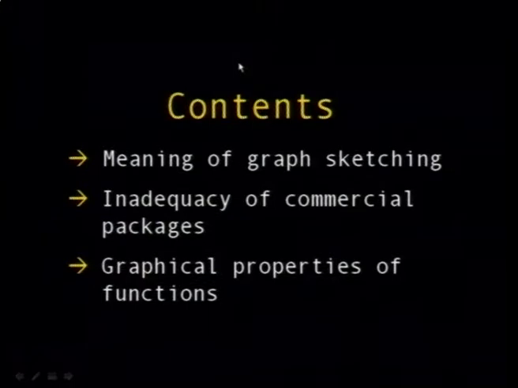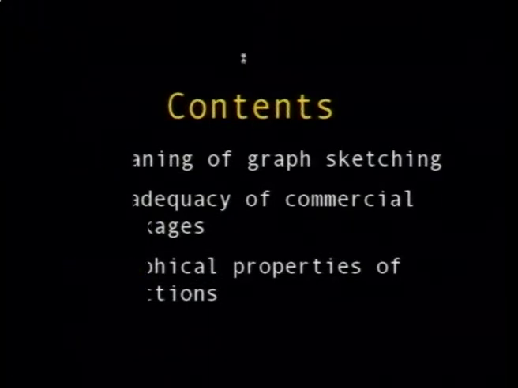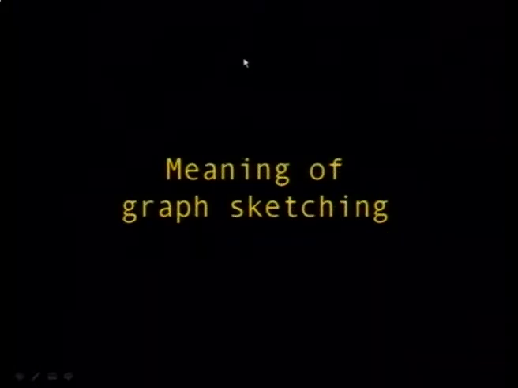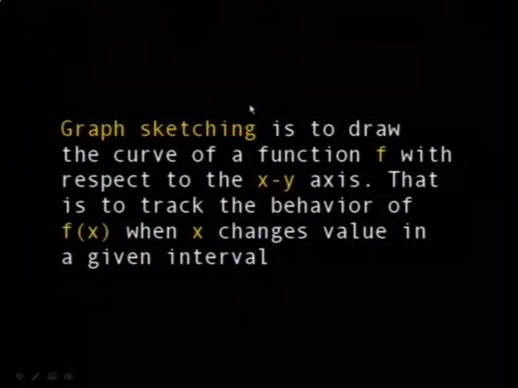Now, we also speak of the graphical properties of functions. What's the meaning of graph sketching? Graph sketching is to draw the curve of the function. In other words, to take particular values of x and to draw the curve y equals f of x.